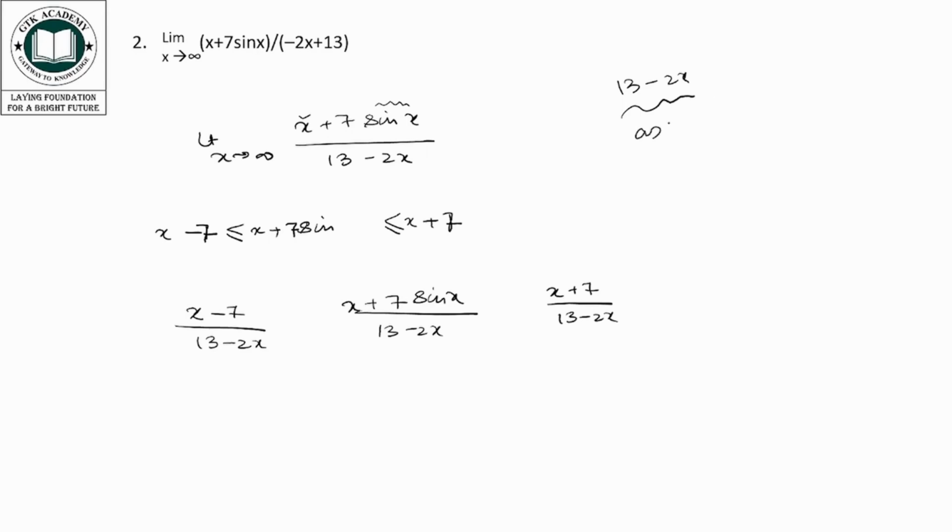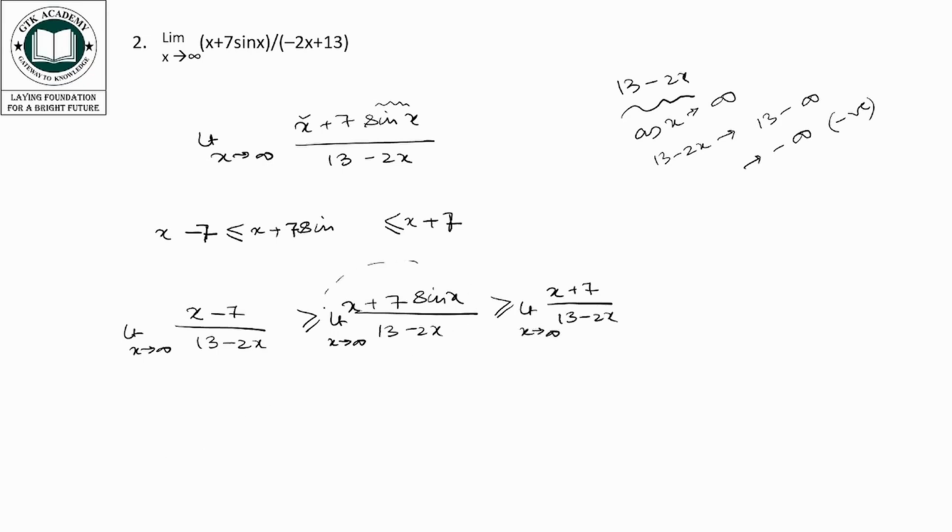Now, as x tends to infinity, 13 minus 2x tends to 13 minus 2 into infinity, means it tends to minus infinity, that is negative. So since it is negative, the inequality will be reversed, but it doesn't matter anything here. Now we have to apply limits. Limit x tending to infinity on all three.